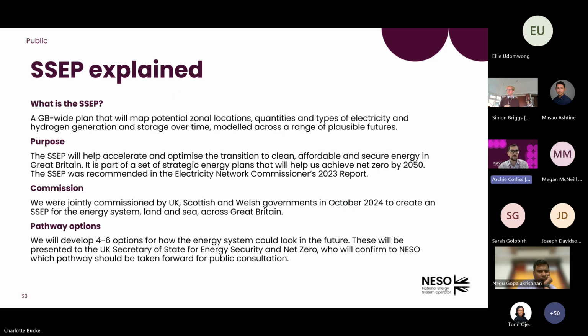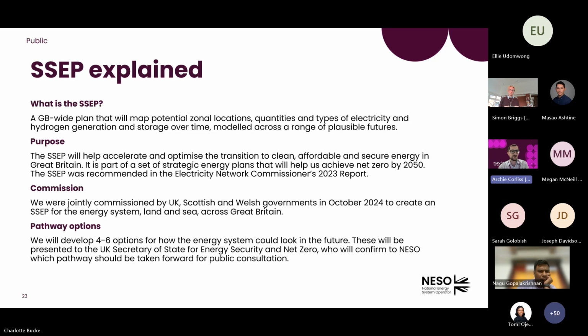So here we are really evaluating this view of what and where we need to develop in energy resources as supply and infrastructure, trying to optimize these across the different zonal locations across the country.